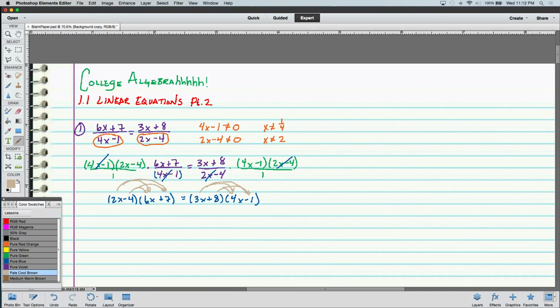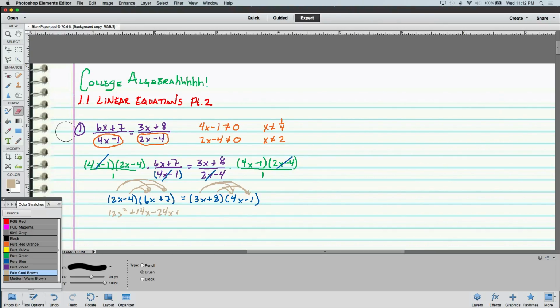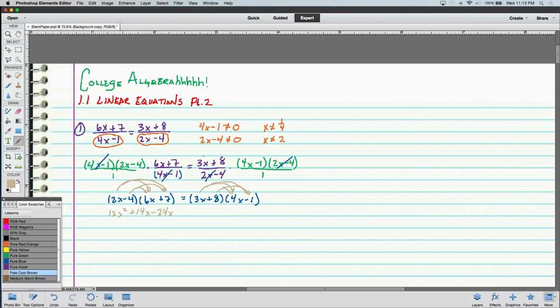So 2x times 6x is going to give us 12x squared. 2x times 7 is plus 14x. Negative 4 times 6 is minus 24x. And then negative 4 times positive 7 is going to give us negative 28.